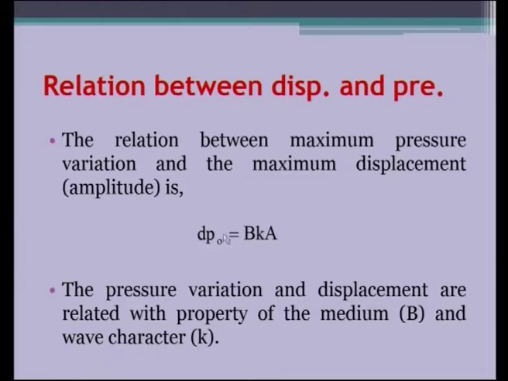Here B, bulk modulus, is the property of the medium, and K and A are wave characters: A is the amplitude and K is the wave number. So, in a nutshell, the relationship is established with the factors related to the medium and also the wave.